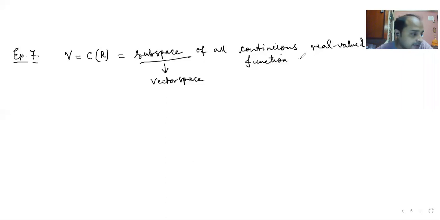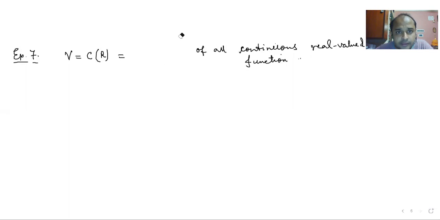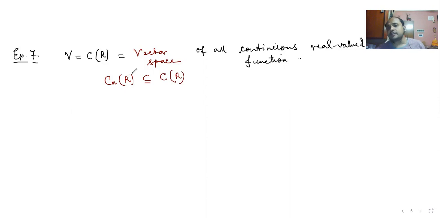Let us not call it a subspace, let us call it a vector space. If it is a vector space, its subspace will be C^n(R). C^n(R) is the set of all continuous real valued functions having nth derivative, so that will be a subspace of that.